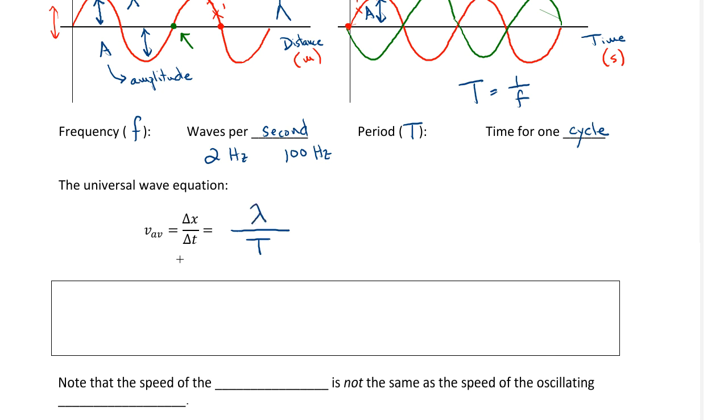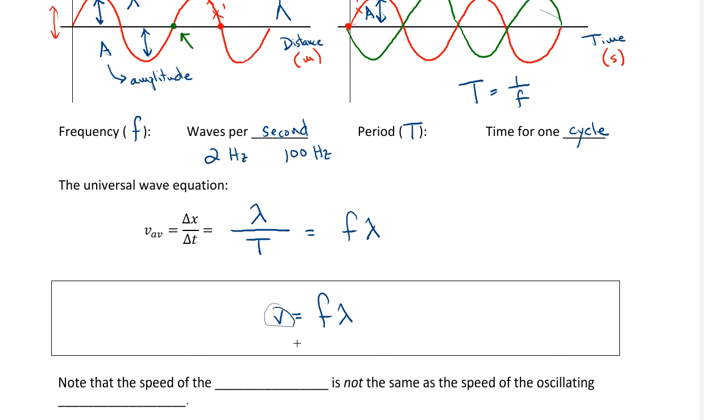So the speed of the wave is equal to the wavelength divided by the period. And because we know that the period is equal to 1 over the frequency, therefore 1 over the period is equal to the frequency. And so this rearranges to give us v = fλ, lambda again being the wavelength. So this is our universal wave equation. The wave speed is equal to the wave frequency multiplied by the wavelength.